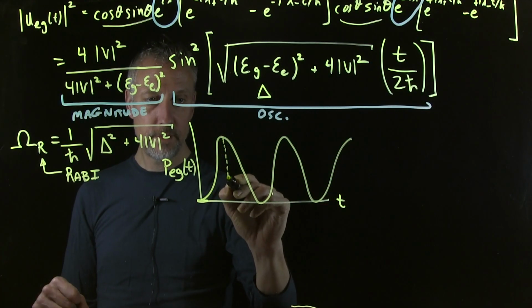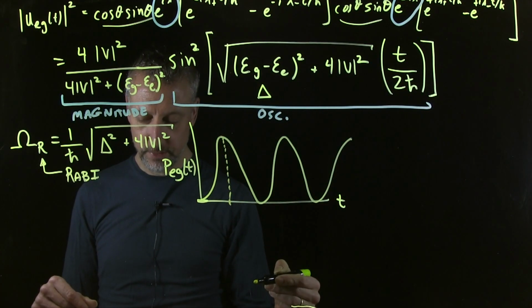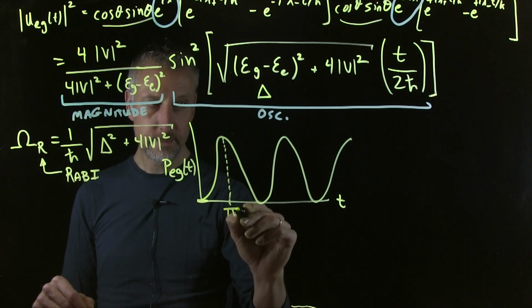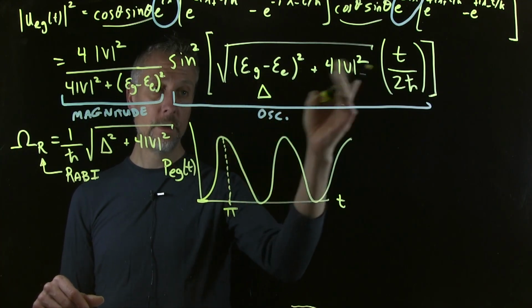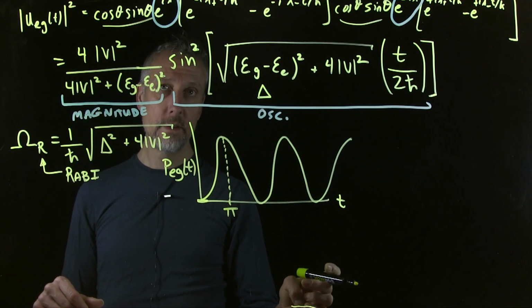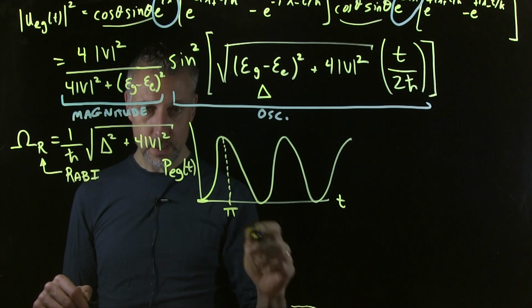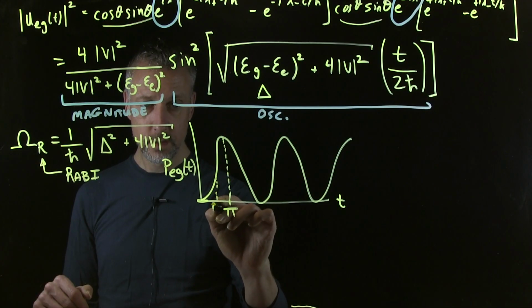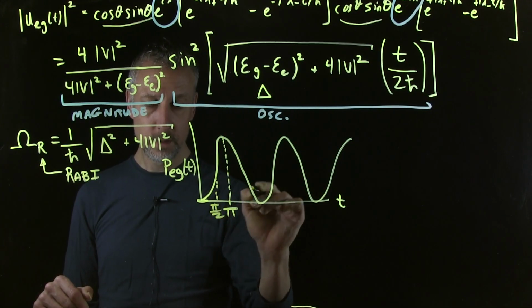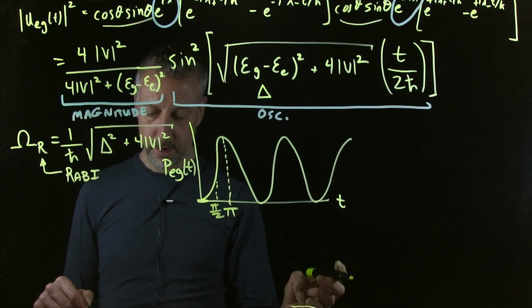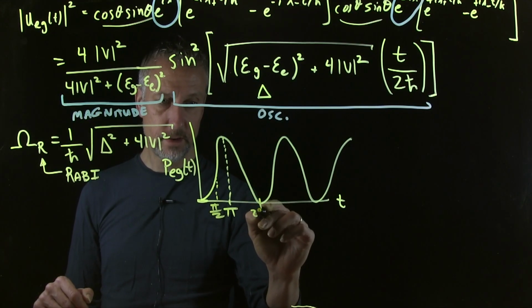And the time in this reduced unit will be equal to pi, right? When sine squared goes to pi, then we'll have the maximum. This is pi over 2. And then 2 pi is here.